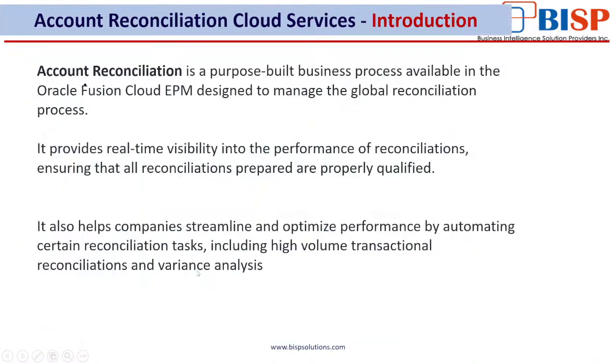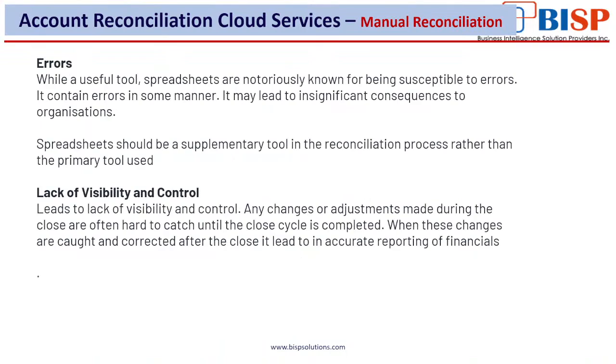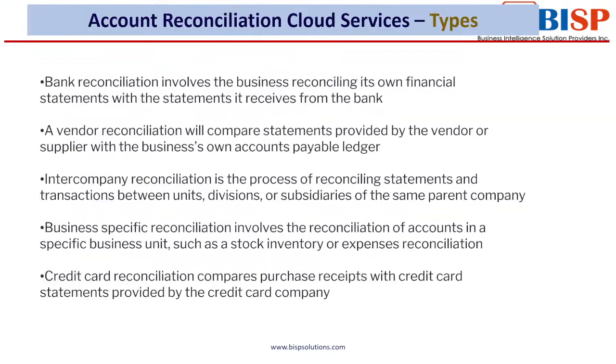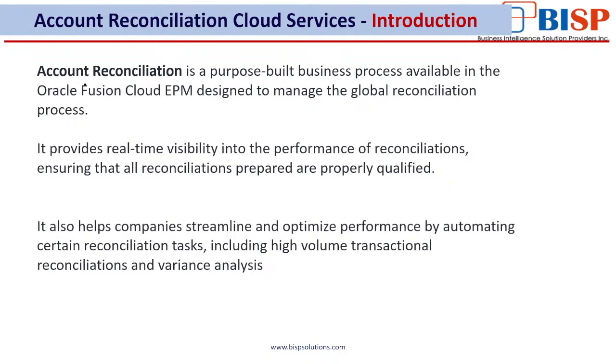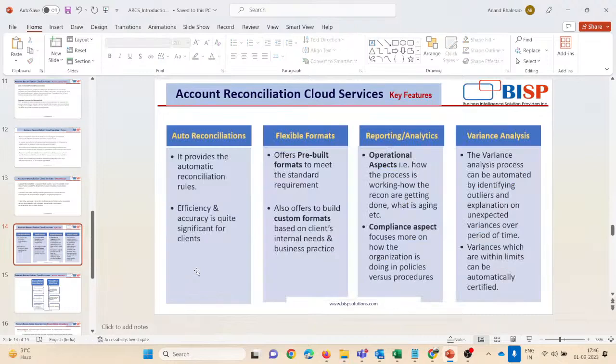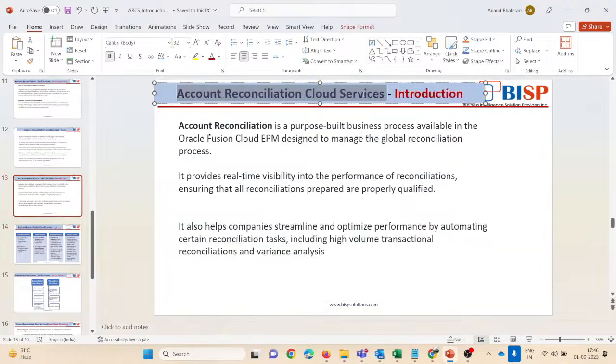So the drawbacks which we have just seen in this session can be curtailed or managed with the help of this ARCS tool, which is part of Oracle Fusion Cloud EPM. So this is basically the ARCS tool.